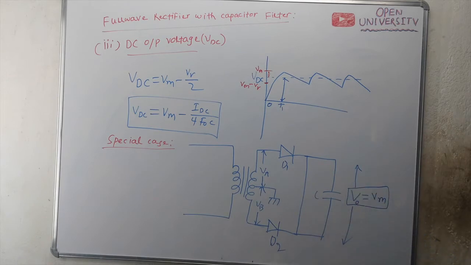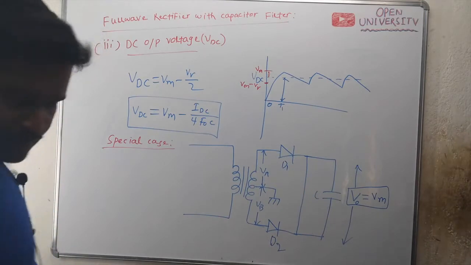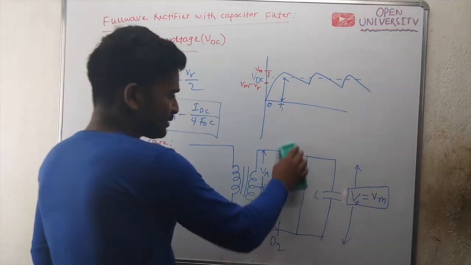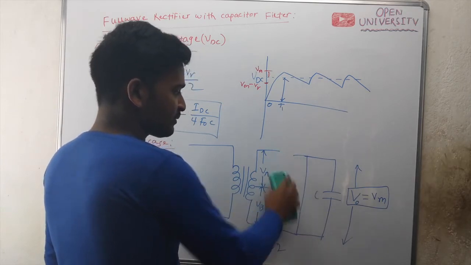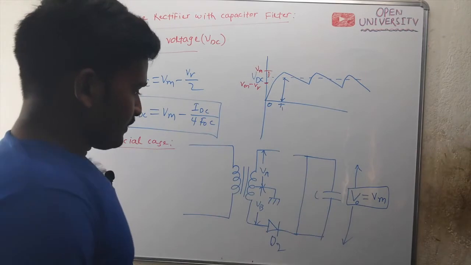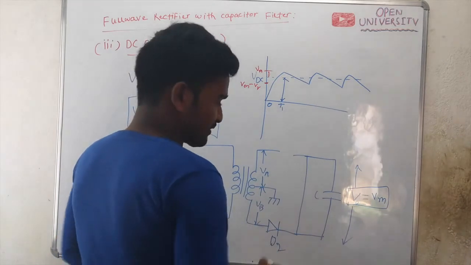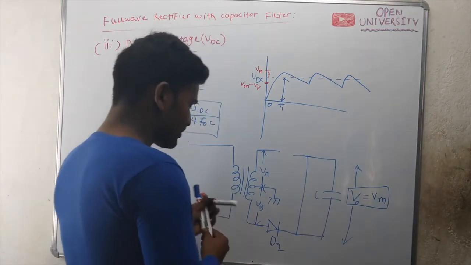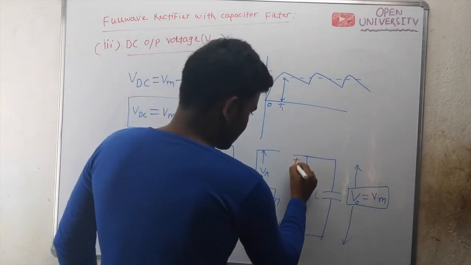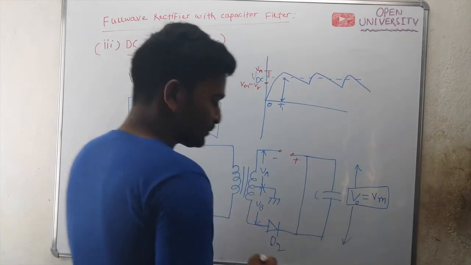Now, when both the diodes are open circuited, my interest is to find the peak inverse voltage. What is the peak inverse voltage? It is the maximum voltage drop across a diode when it is reverse biased. Let this diode be reverse biased, with this side positive and this side negative.